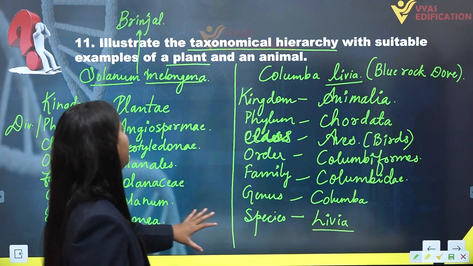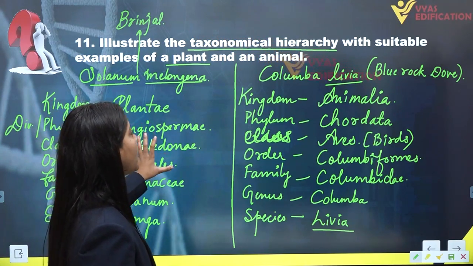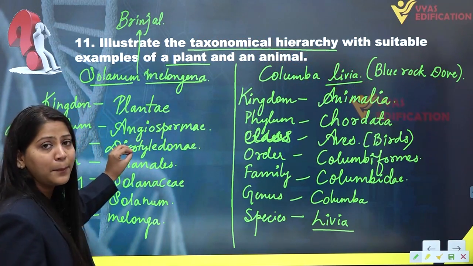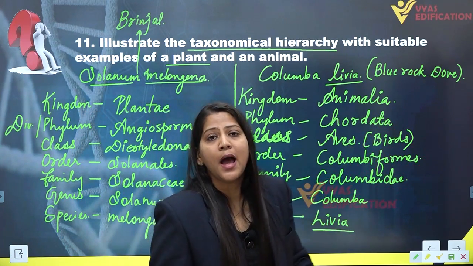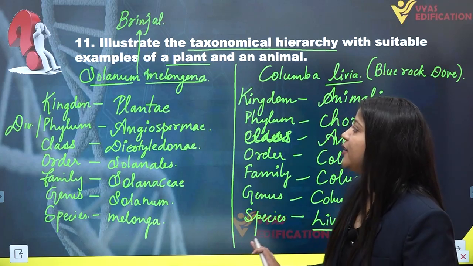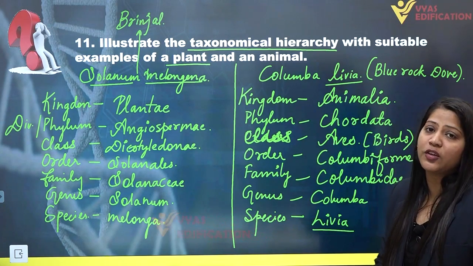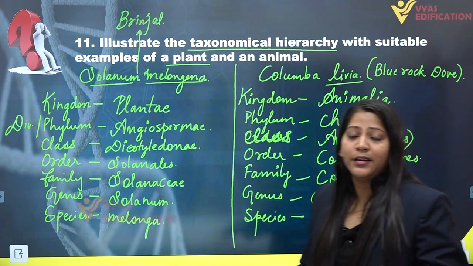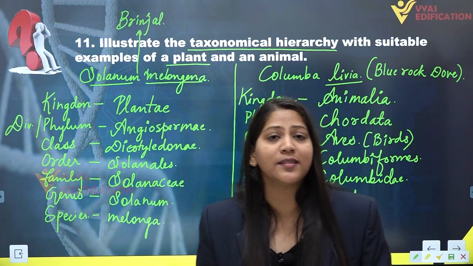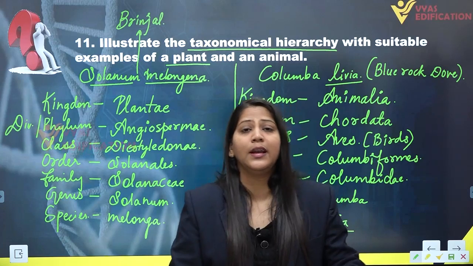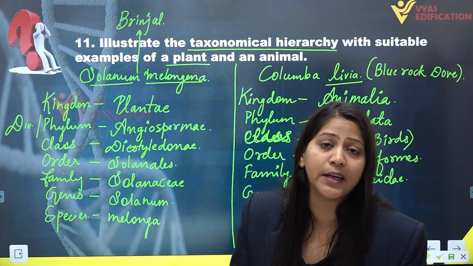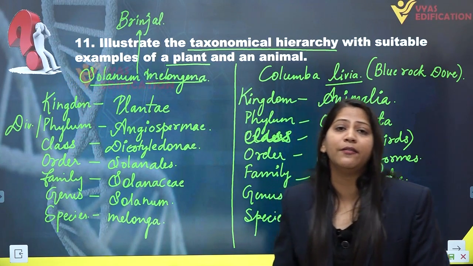So this is the example of Solanum melongena, included in the kingdom Plantae, and Columba livia, included in the kingdom Animalia. This is the complete answer of question number 11, and now we have completed all the 11 questions given in your NCERT textbook in chapter 1, Living World.